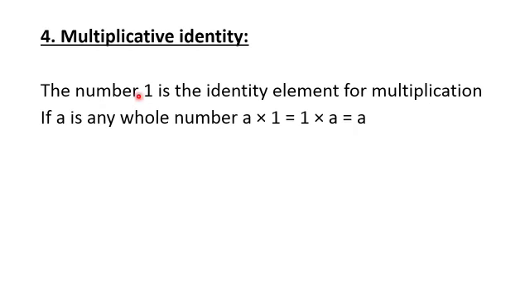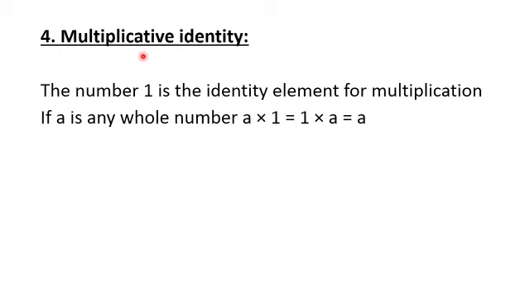Here we have the next property, that is the multiplicative identity. Students, remember, when you see multiplication using the identity, immediately you should think of the number 1, because for addition and subtraction you will be using the identity as 0.